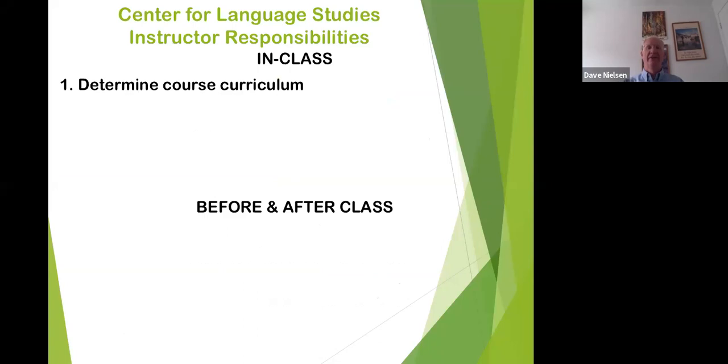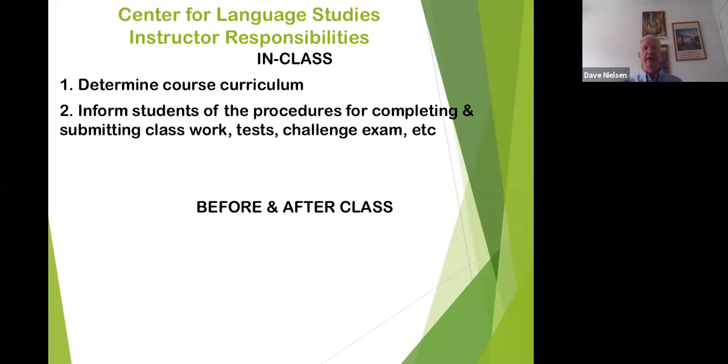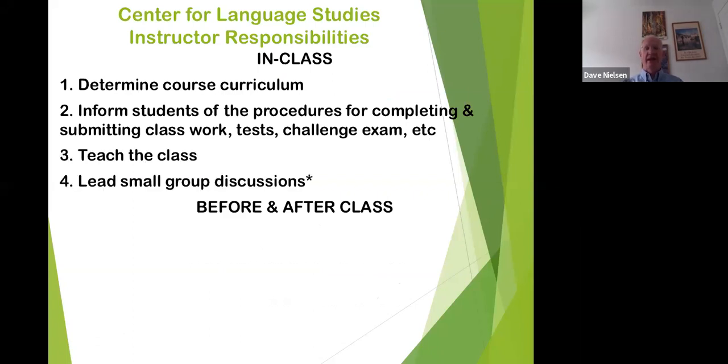So in class, an instructor determines the course curriculum. They inform students of the procedures for completing and submitting class work and tests and challenge exam. They teach the class, and they lead small group discussions. Now, whenever there's a little star and asterisk, that means that both instructor and the TA could take part and participate in those activities.